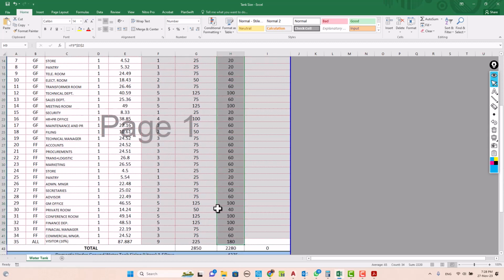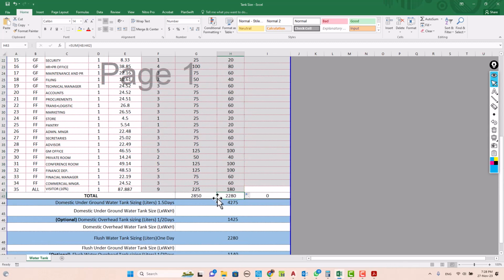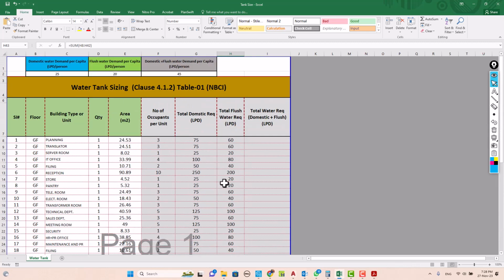Okay, now it comes, flushing water this much. Okay, now the total water requirement, domestic plus flush, same process, whether you can add or directly multiply from here, and we can lock this one.